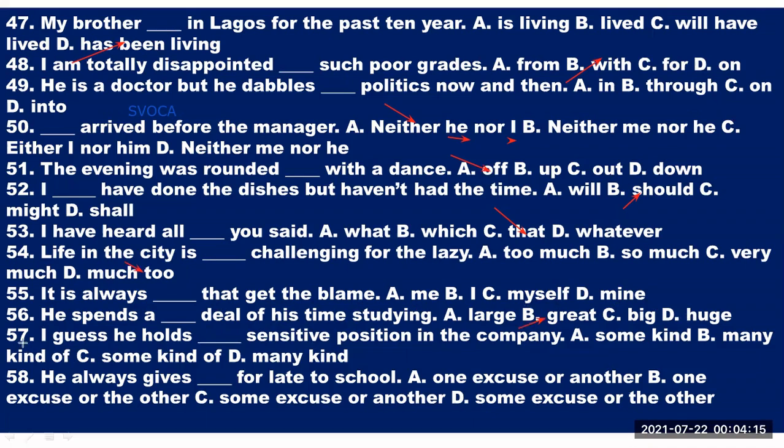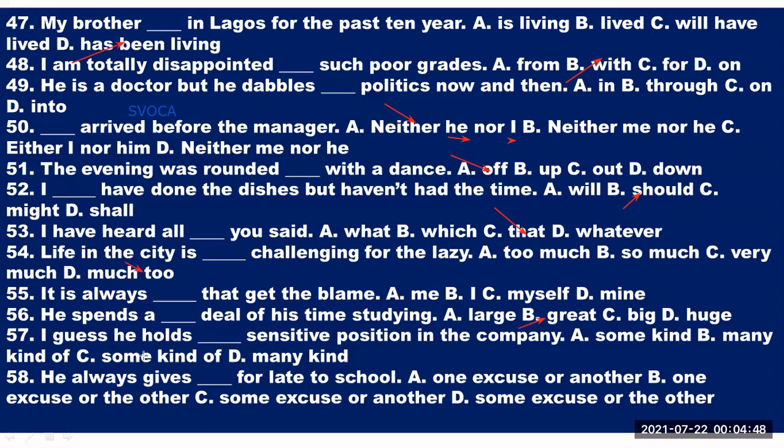Now, question number 57, I guess he holds dash sensitive position in the company. Well, option A, some kind, is out of it because you cannot say, I guess he holds some kind sensitive position. No, it sounds ungrammatical. Something is missing, and what is missing is the preposition of, OF. B, many kind of.